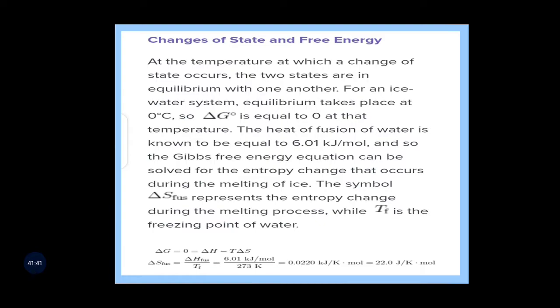And so the Gibbs free energy equation can be solved for the entropy change that occurs during the melting of ice. The symbol delta S fus represents the entropy change during the melting process, while TF is the freezing point of water.